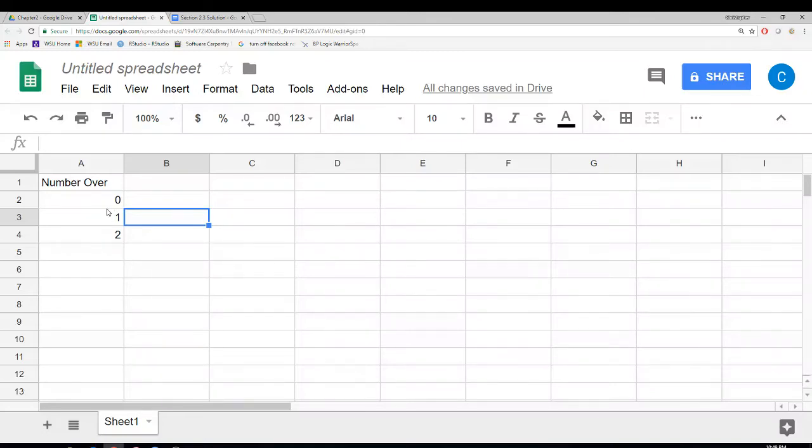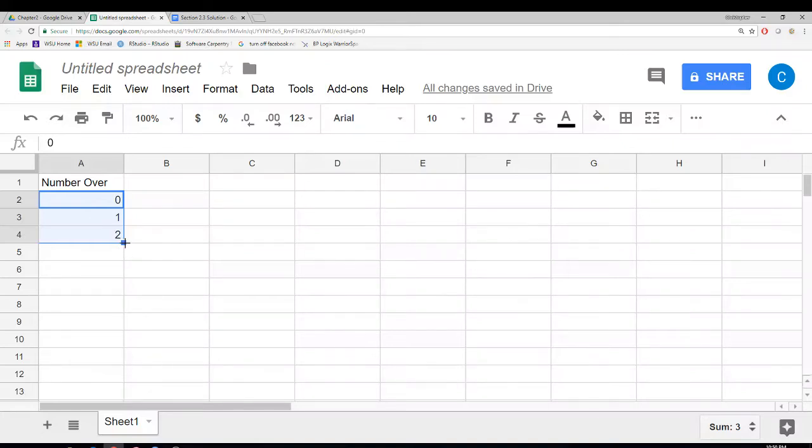In order to get a list started, put the first few digits of your list together. So I have 0, 1, 2 listed here. I'm going to highlight those. I need to grab the icon in the lower right-hand corner.